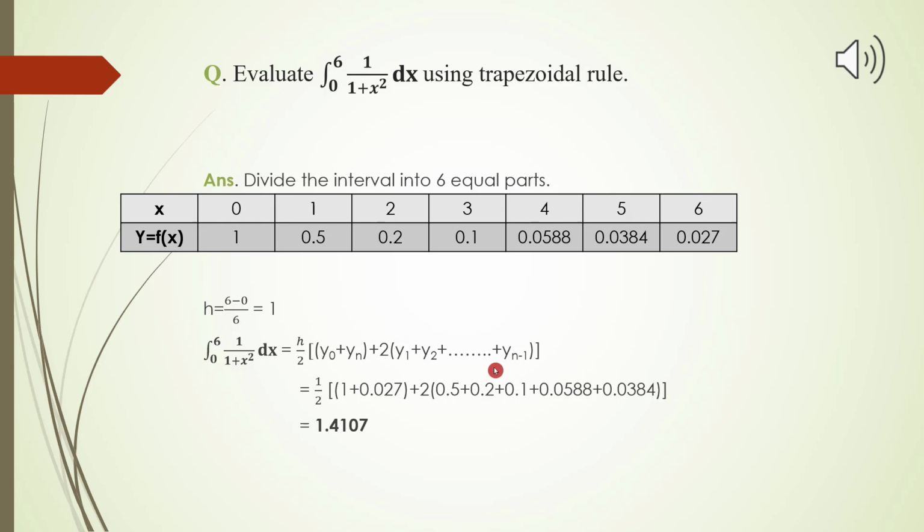Similarly, y6 is the value of y at x equal to 6. Substituting the values in the equation, that is 1 by 2 into 1 plus 0.027 plus 2 into 0.5 plus 0.2 plus 0.1 plus 0.0588 plus 0.0384, we get the answer.